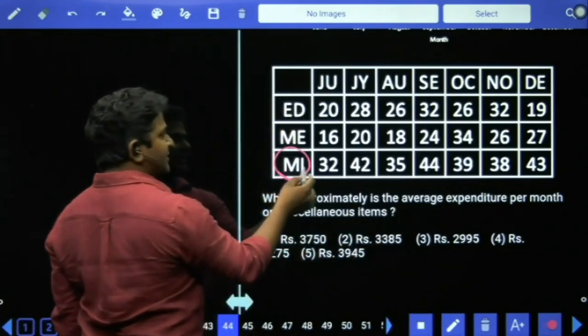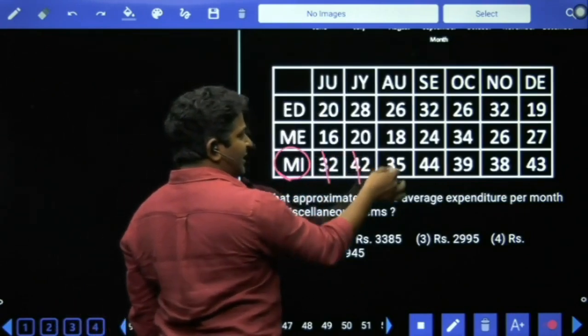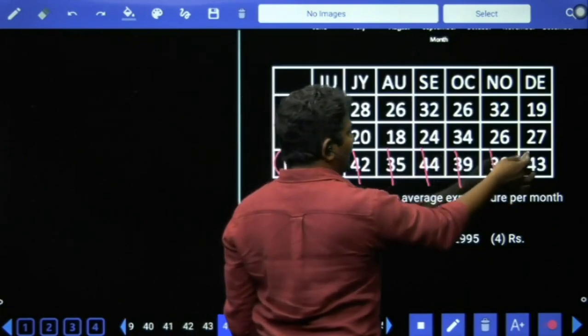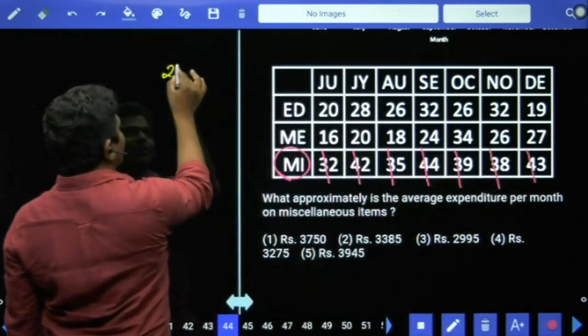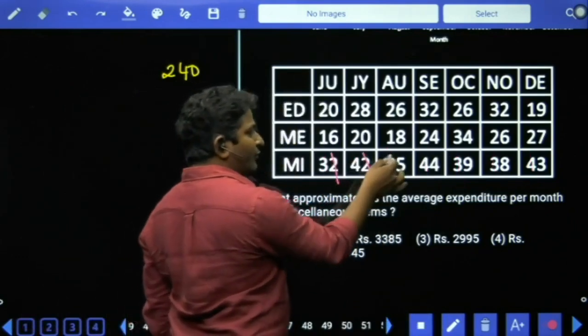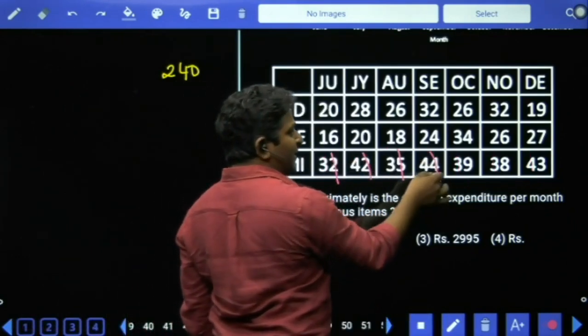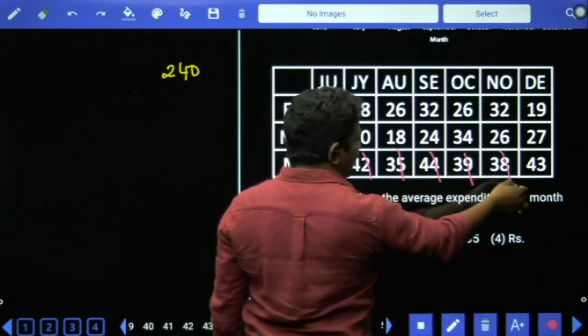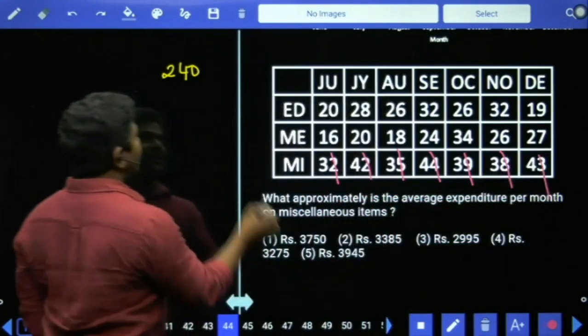This is miscellaneous. 30, 40, 70, 70, 30, 100, 140, 170, 200 and 240. 240 we have. And then units places: 2 plus 2, 4, 4 plus 5, 9, 9 plus 4, 13, 13 plus 9, 22, 22 plus 8, 30. 30 plus 3, 33.